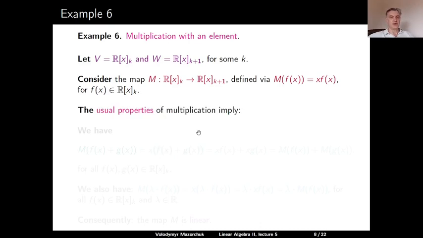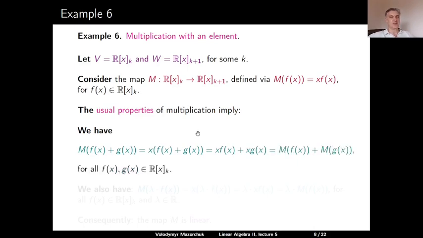Then the usual properties of multiplication of polynomials can be used to check the linearity conditions. So if we apply M to f plus g, we will get x times (f of x plus g of x). But multiplication is distributive, so this is equal to x times f of x plus x times g of x. But the first summand is M of f, and the second summand is M of g.